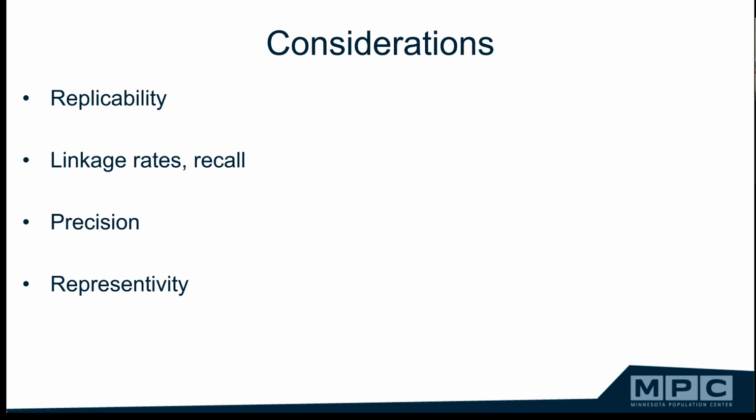This is a little bit problematic, because it's reasonably straightforward to obtain higher linkage rates. We simply lower our thresholds, right? We make it easier to define links. In doing so, we will automatically lower our precision, or the accuracy of our links. So we will be elevating our false positive rates, which is problematic. So these two, recall and precision, always go in different directions. So that's another important consideration.